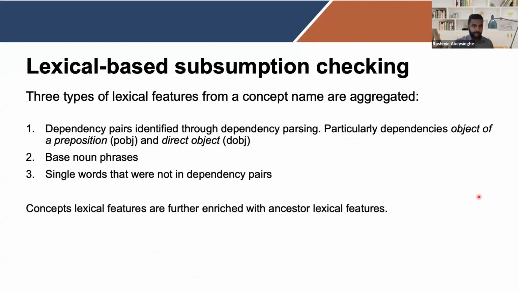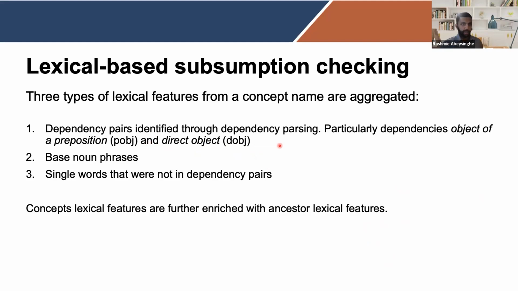And then we also perform lexical-based subsumption checking, where we first construct lexical feature sets for each concept based on their concept names and their ancestor concept names. And we do it using three sources. The first is the dependency pairs identified through dependency parsing.